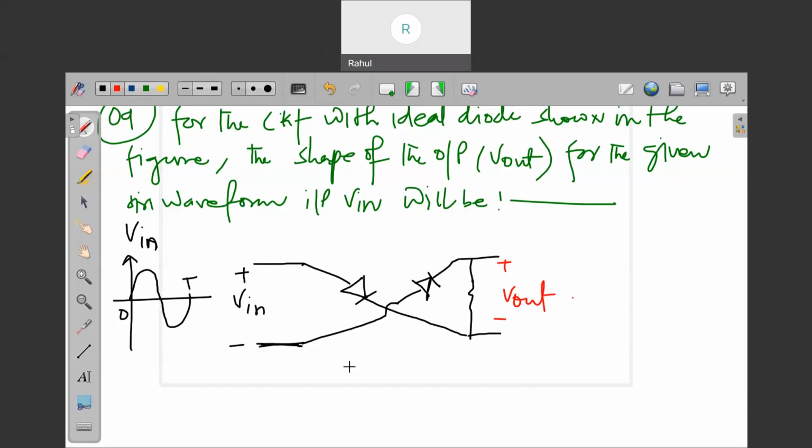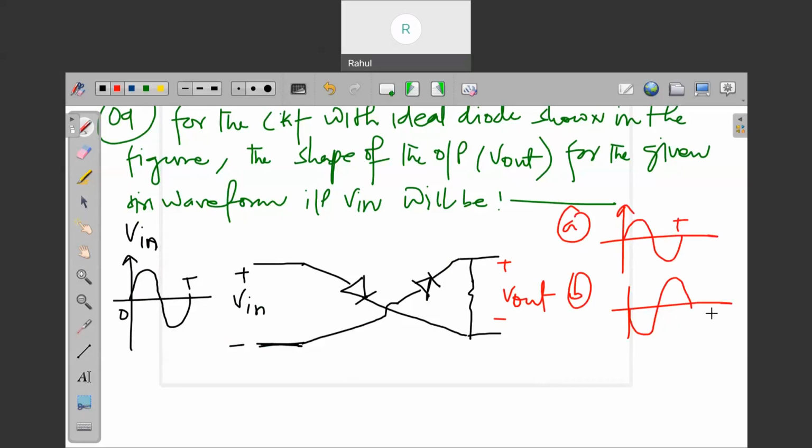They have given some options. Option A is the input as it is. Option B is just reversed, and at 0.5 T the waveform changes.